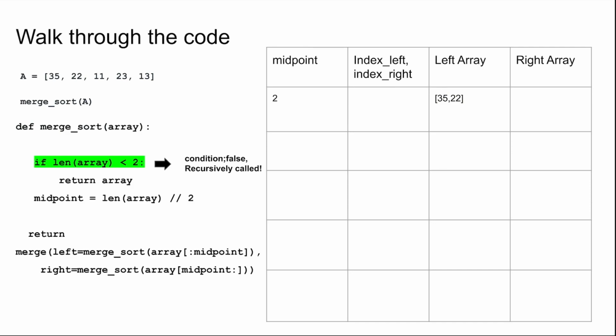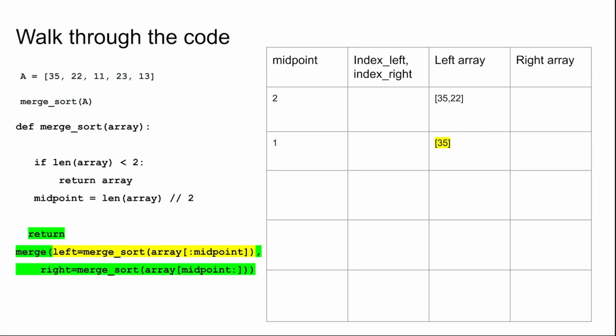So the termination condition is going to be checked, and it is false. And the midpoint is going to be set to 1, since the length of our array right now is 2. And then the merge sort function is recursively called again.